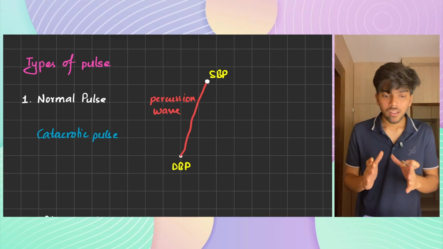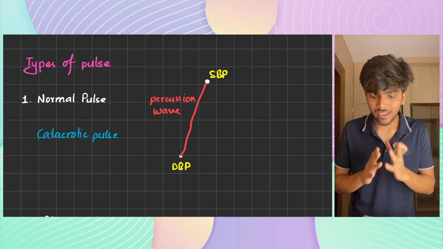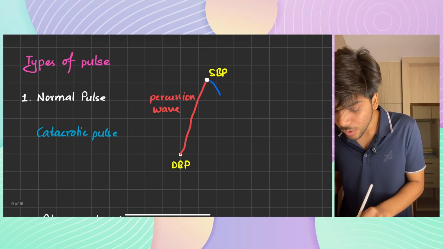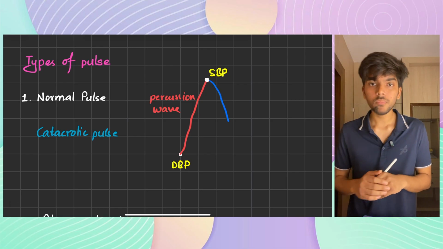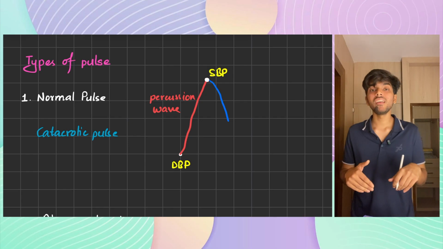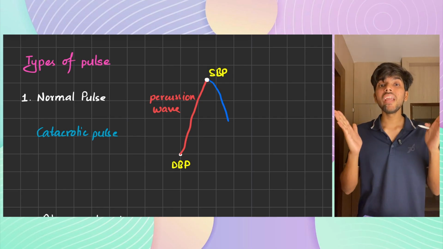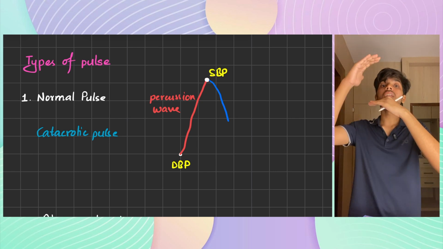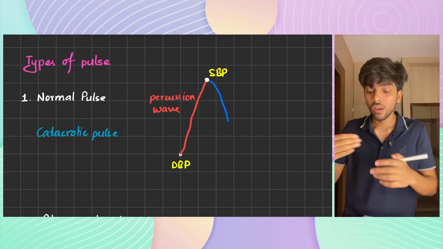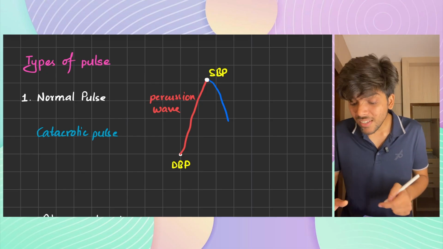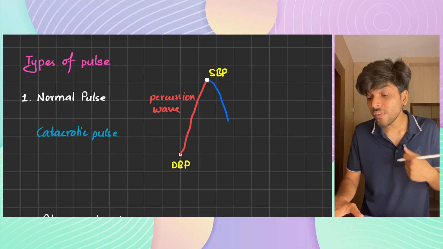After that, the contraction of the left ventricle decreases, and the pressure inside the left ventricle decreases, and the pressure inside the aorta also decreases. When the pressure inside the left ventricle becomes around 90 mm of Hg, the aortic valve shuts off. As soon as the aortic valve closes, there is a fall back of the column of blood inside the aorta, which results in a transient fall in blood pressure, represented in the pulse waveform with the help of a notch.